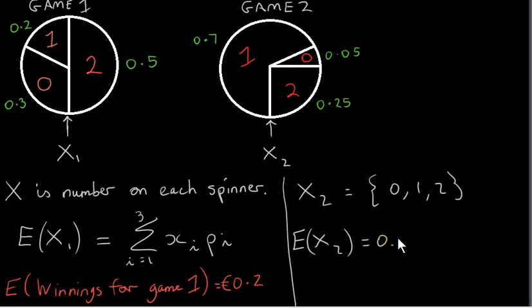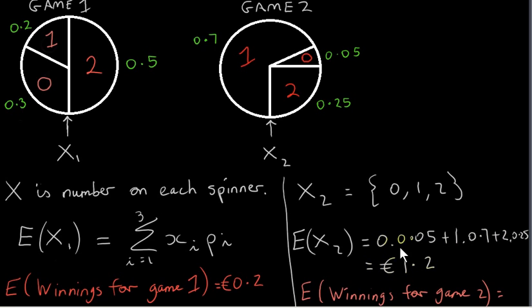So we multiply 0 by 0.05, we multiply 1 by 0.7, and we multiply 2 by 0.25. So if we work this out, we get 0 here, we get 0.7 plus 0.5. That's 1.2. So on average, each spin of spinner 2 will give us the value 1.2.